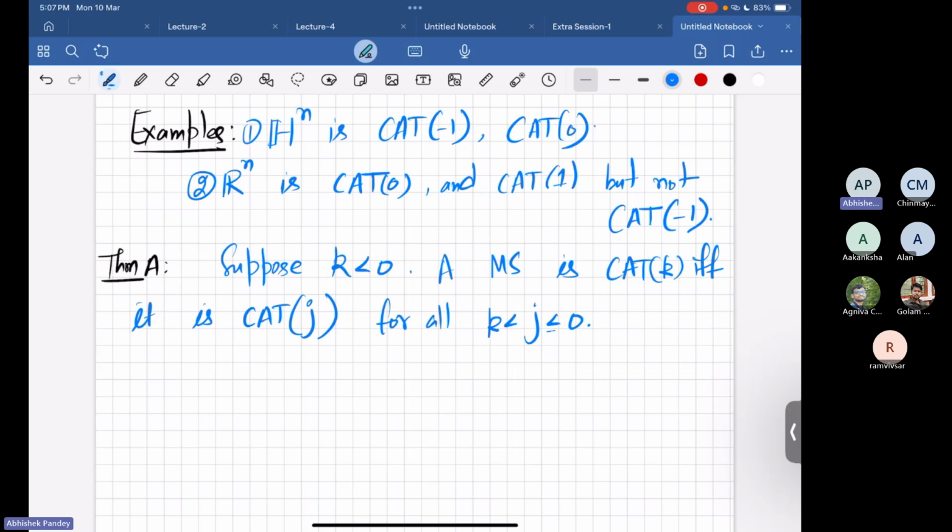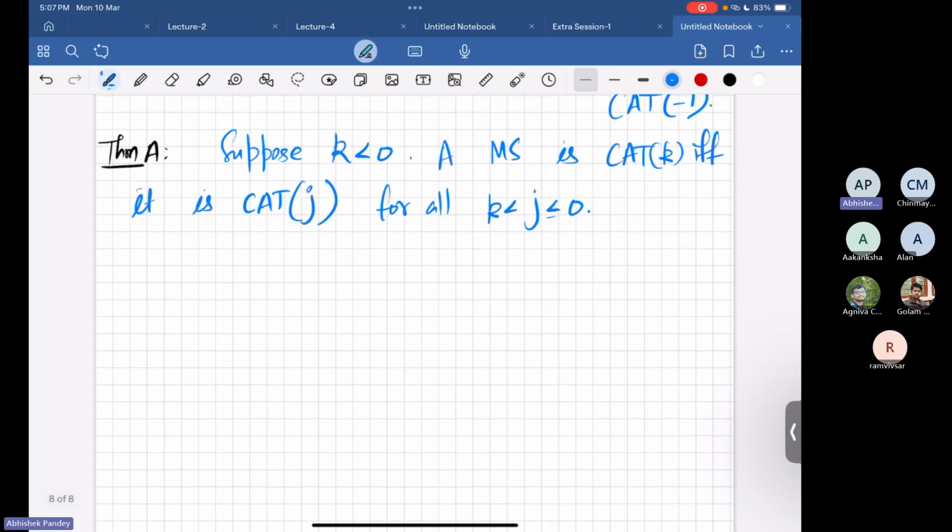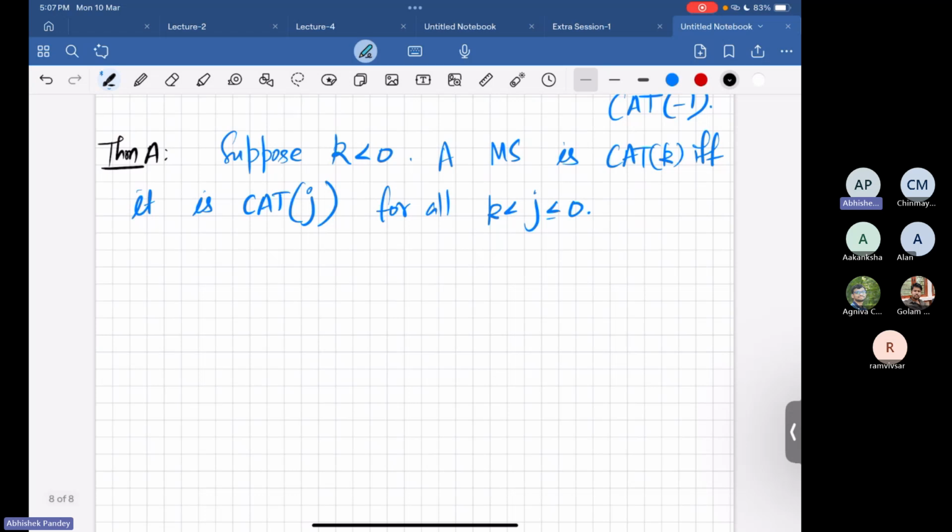So if we have a CAT(k) space, it will be a CAT(j) space for every j greater than k.